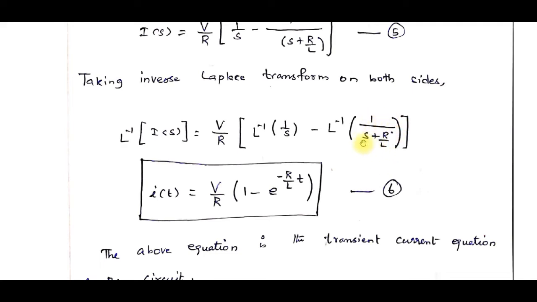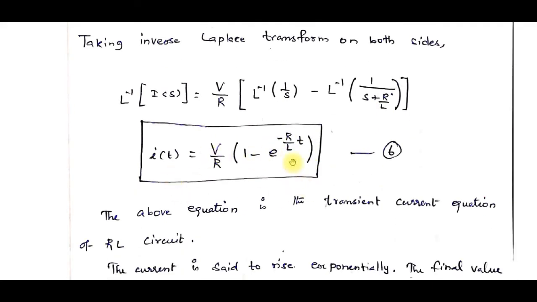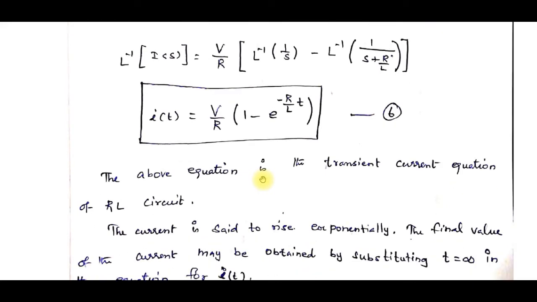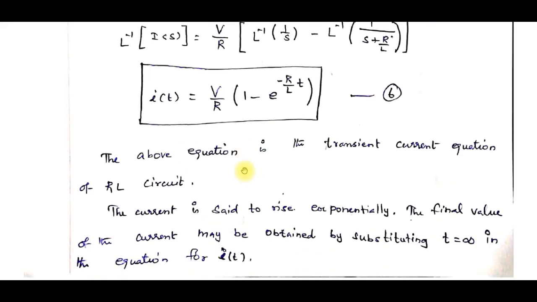That is the inverse Laplace transform for that equation. So in that term a, we are having R by L. So e power minus R by L into t. Okay. So this is the transient current equation for the RL circuit.